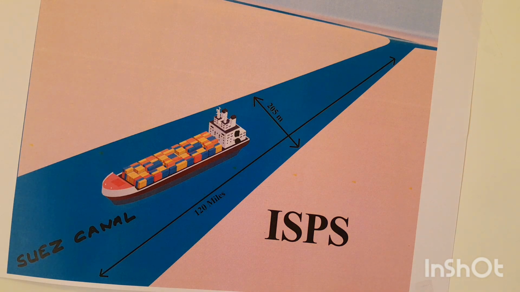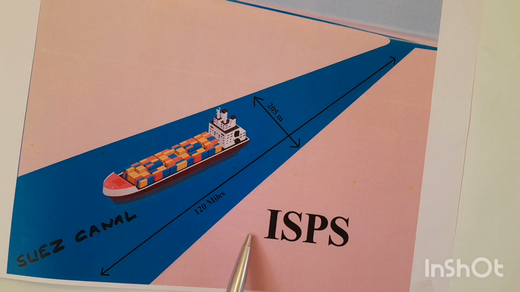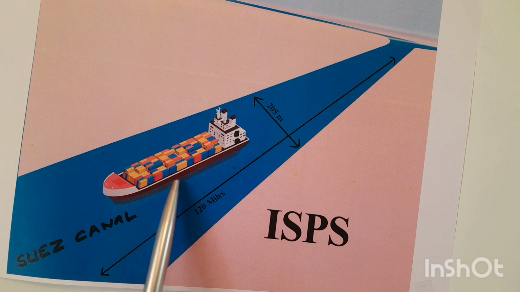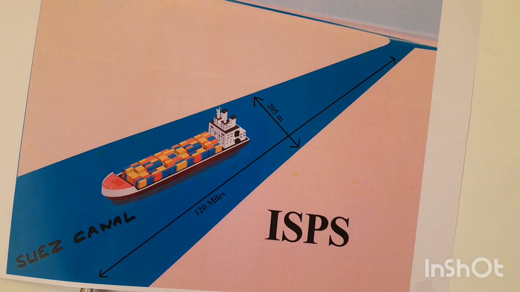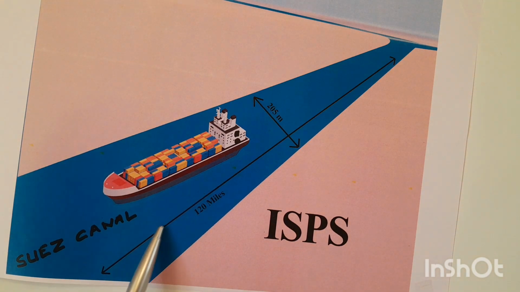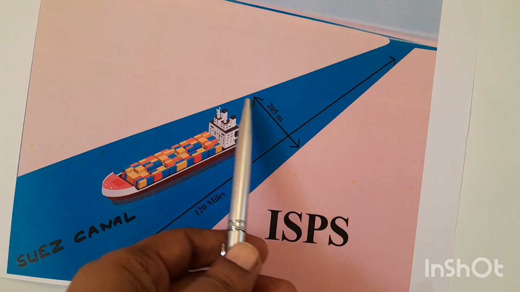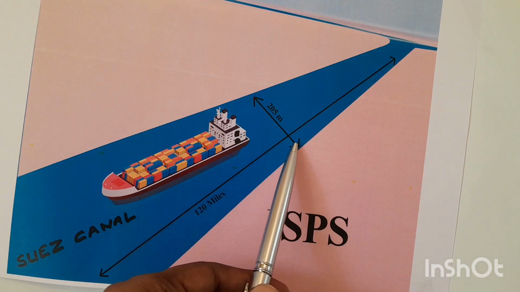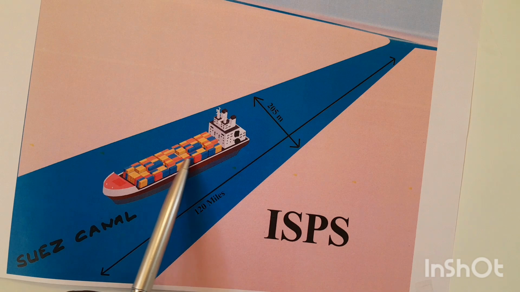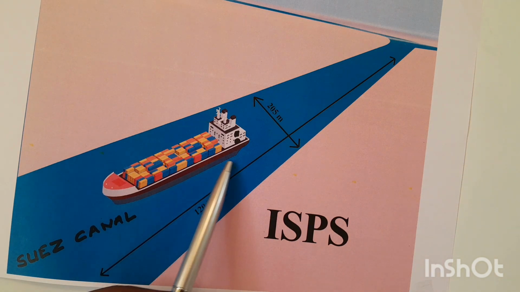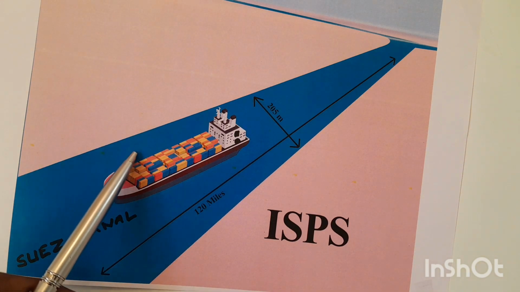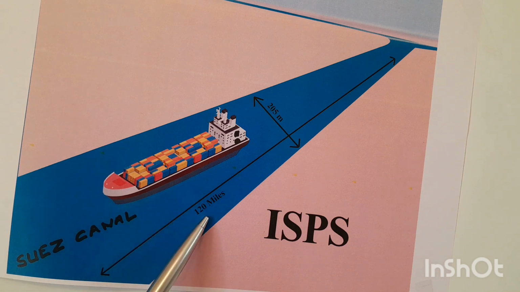Sea pirates were very predominant in the Suez Canal region, where pirates from Somalia used to come and attack ships. You can see the Suez Canal, connecting the Red Sea and the Mediterranean Sea, has a length of 120 miles and a width of 205 meters. If the ship's width is about 30 meters or so, the only area left on the left and right of the ship is 100 meters.